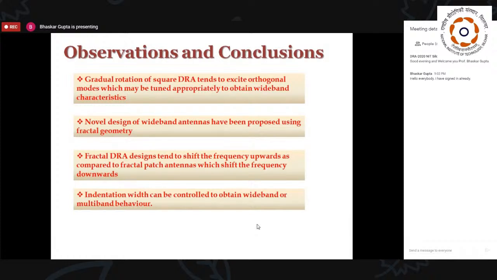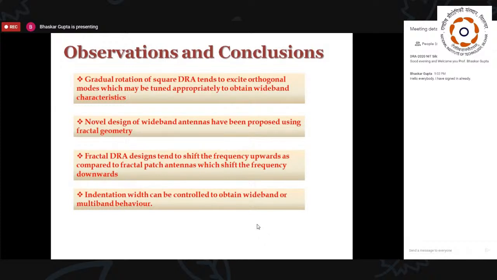And as for today, these are our observations and conclusions. I'm reading them out for you. Firstly, gradual rotation of the square DRA tends to excite orthogonal modes which may be tuned appropriately to obtain wideband characteristics. A novel design of wideband antennas has been proposed using fractal geometry. And then fractal DRA designs tend, as we have seen, to shift the frequency upwards as compared to fractal patch antennas, which shift the frequency downwards.